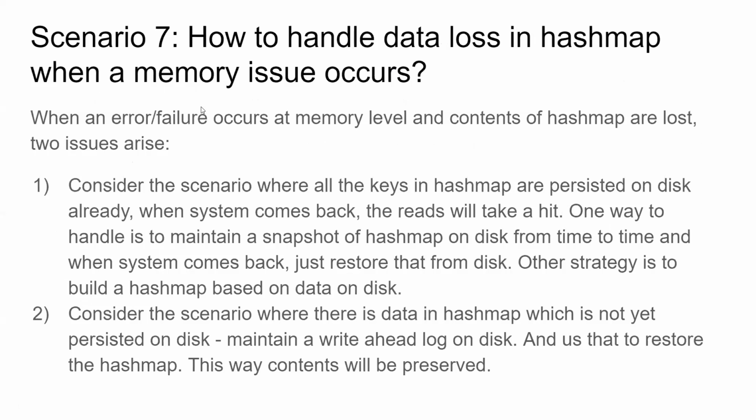Then there is the concept of how we can minimize loss for any data that's present in the hashmap. If a memory issue occurs, how can we minimize the loss? One answer is you can keep taking a snapshot of the hashmap and store it on disk from time to time.